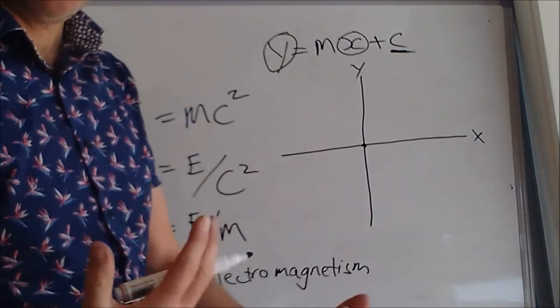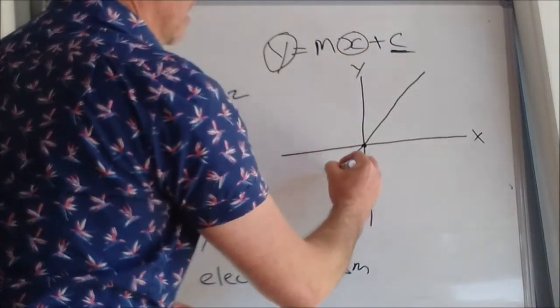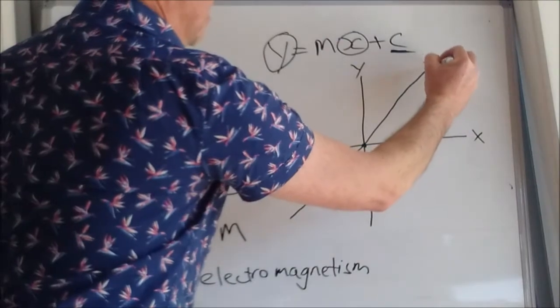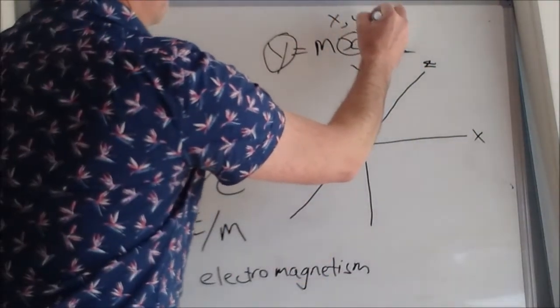Now, for 3 dimensions, we also have another axis, which is the z axis. So x, y, z.